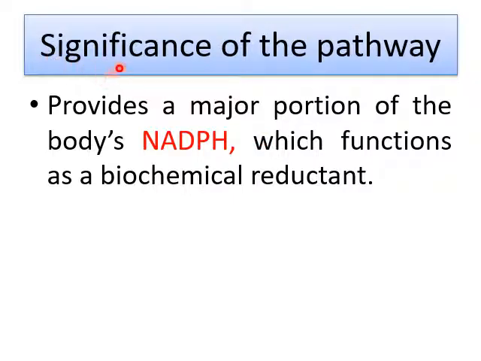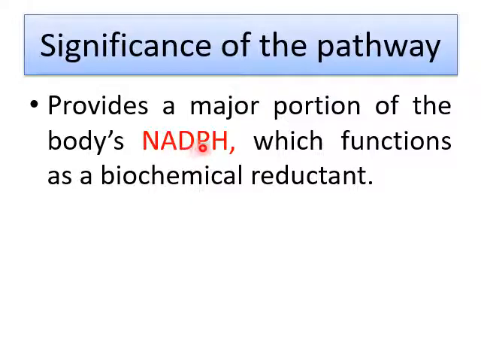Now, what is the biomedical significance of studying HMP pathway? The very first outcome of HMP pathway is the production of this compound which is called NADPH. This NADPH is basically a biochemical reductant. It is also called a reducing compound, and also referred to as a reducing equivalent.